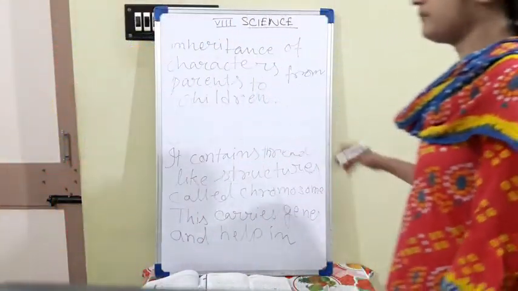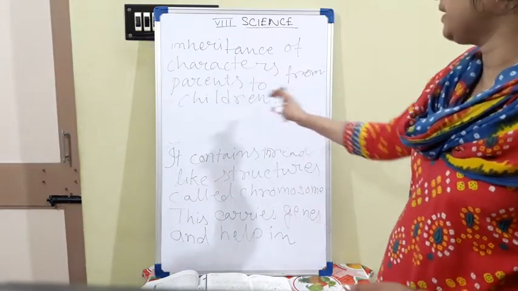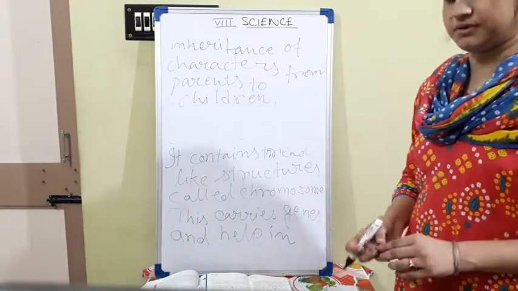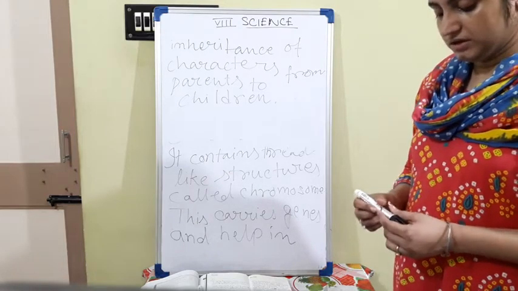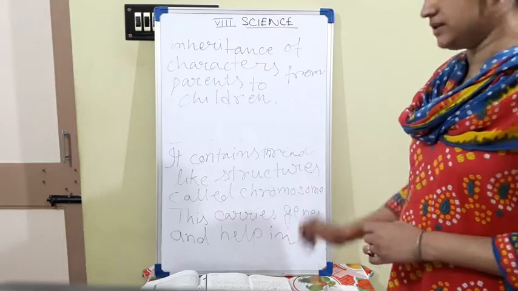And this is the nucleus, okay? So it helps in the inheritance of characters from the parents to children. So there we have completed the two short notes. One is cytoplasm, another one is the nucleus.